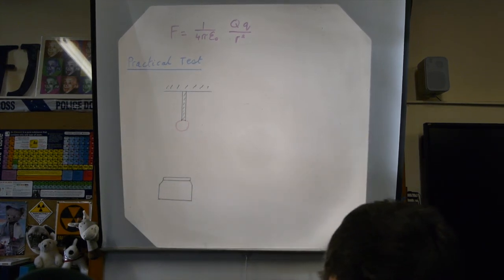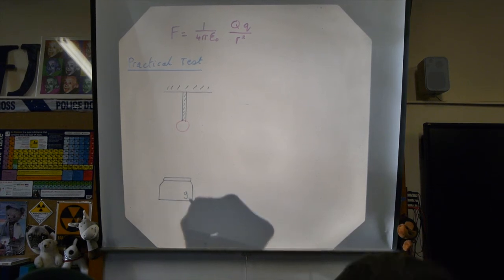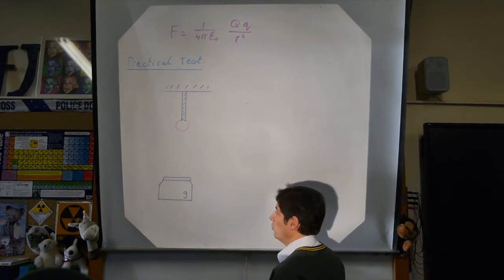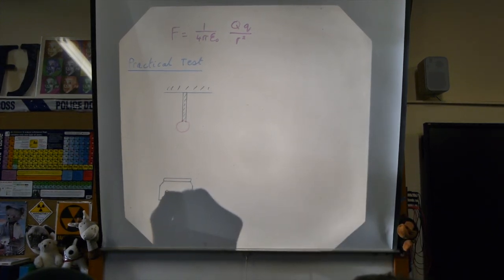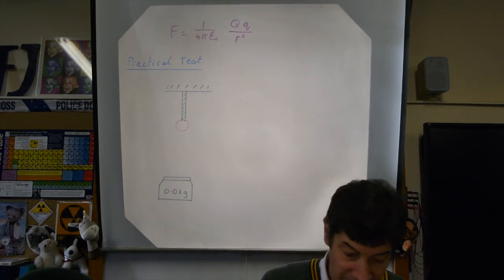Okay. And we're going to put on that balance. So we have it calibrated in grams, which we then can work out what the weight is in newtons. I'll just put a number on here just for the hell of it, 0.01 gram. Okay, I'm just making that up.